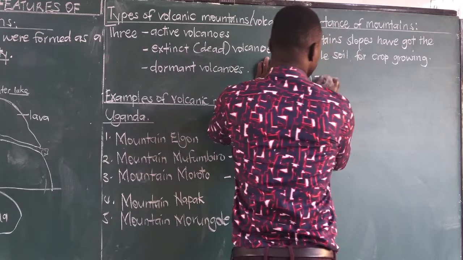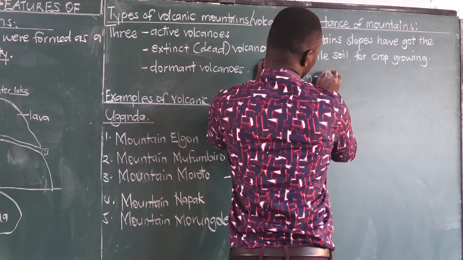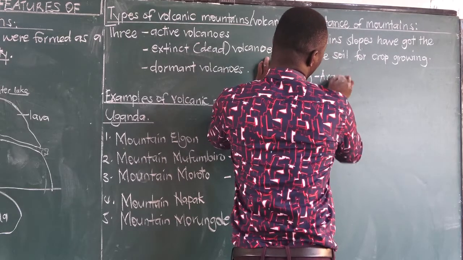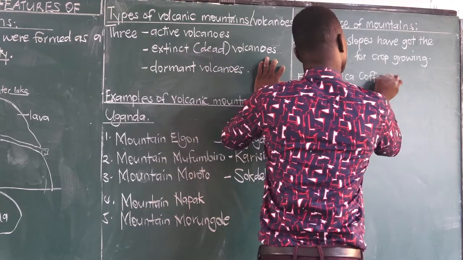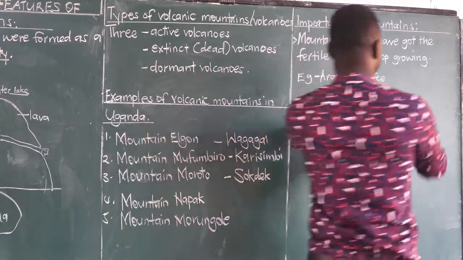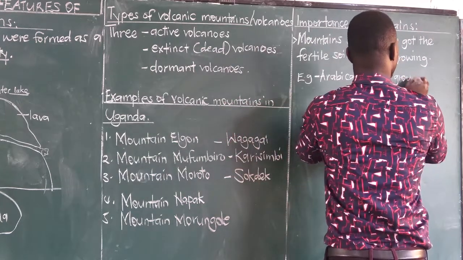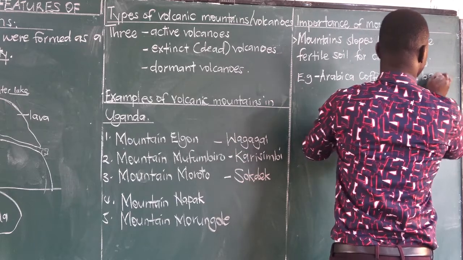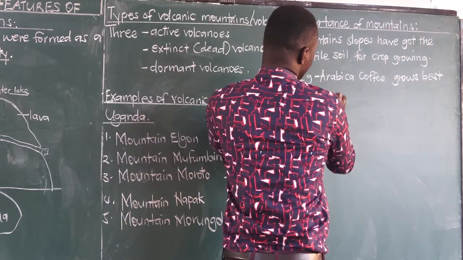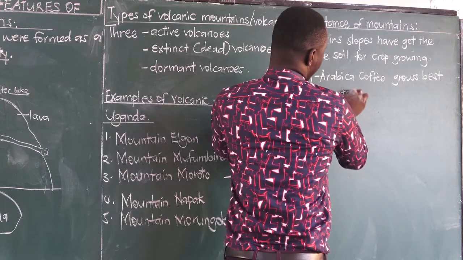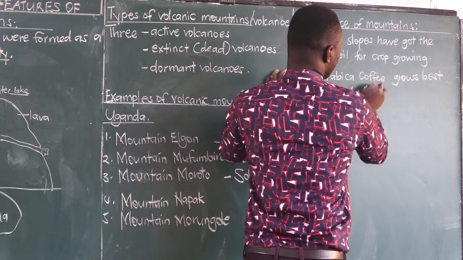So we are saying, for example, on the slopes of Mountain Elgon, we have Arabica coffee. For example, Arabica coffee grows best on Mountain Elgon slopes.